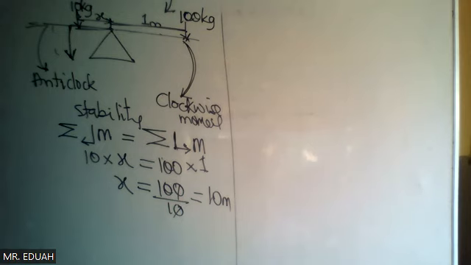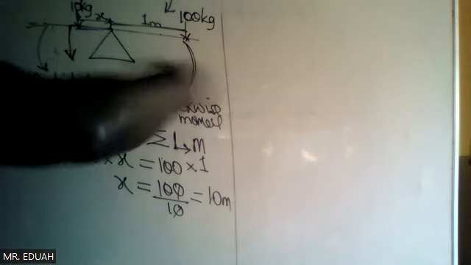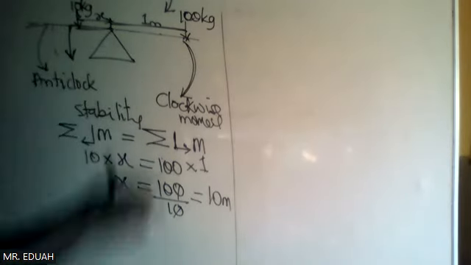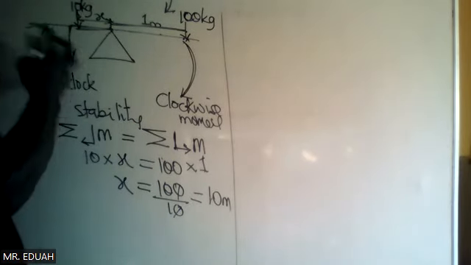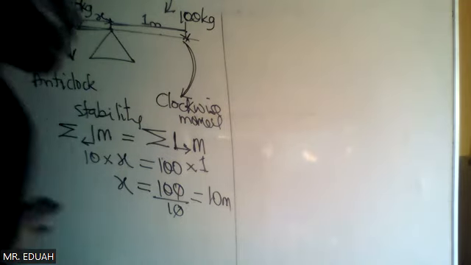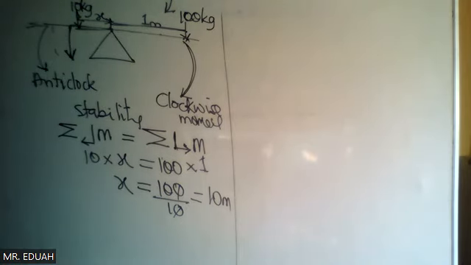Yes, please. So no matter how heavy a load or a mass is, if the bar is long enough, we can still vary the position of the smaller mass or force and we'll have a state of balance or equilibrium.